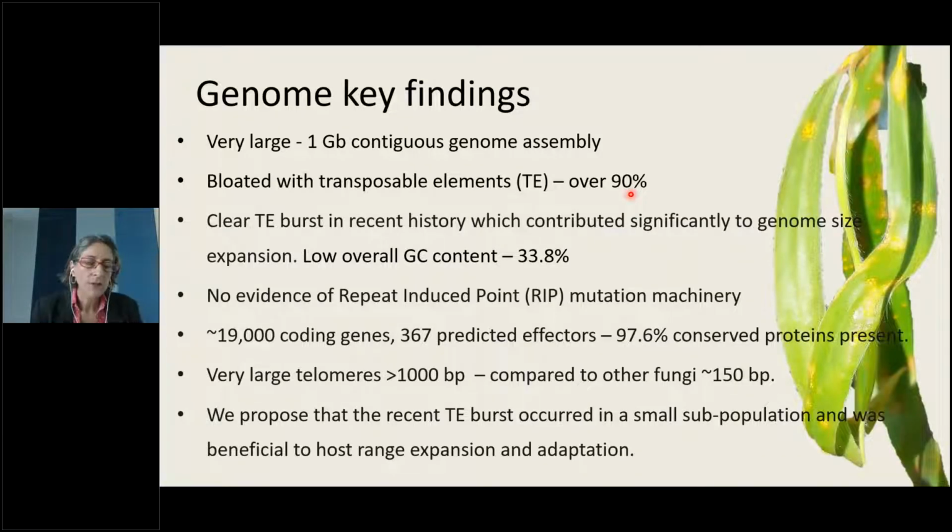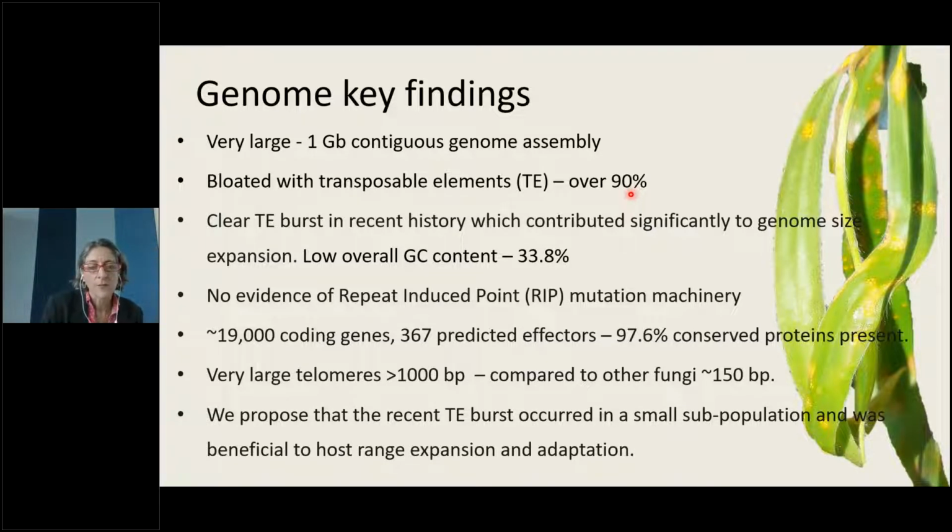So the key findings were that we had a very large contiguous genome assembly bloated with transposable elements, and there are clear TE bursts in recent history which contributed to the genome expansion.